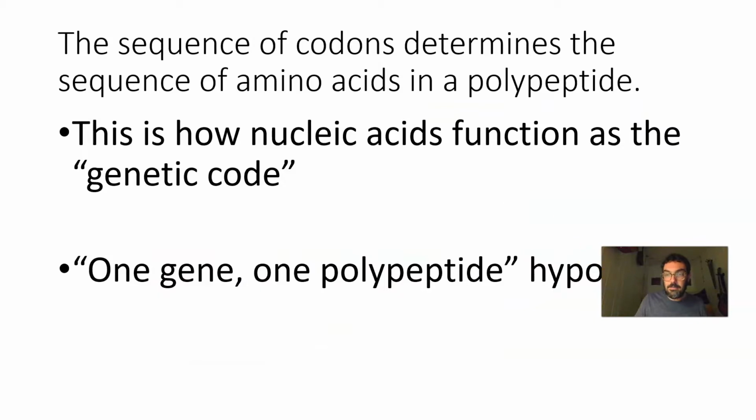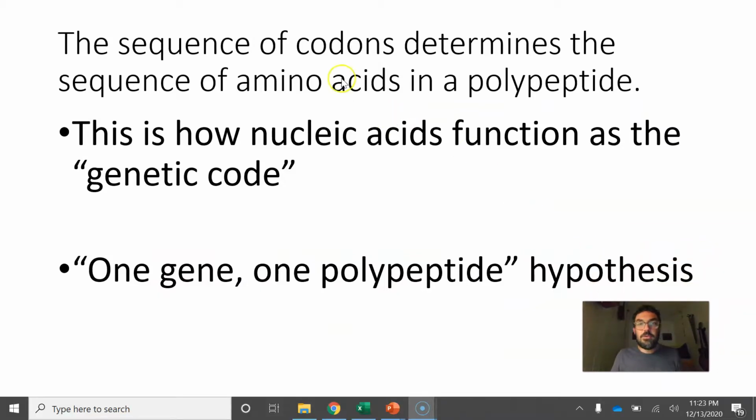To wrap things up, the sequence of codons on the mRNA will determine the sequence of amino acids in the polypeptide, which determines the shape and the function of the protein. This is how nucleic acids function as the genetic code, which gives instructions for the way we look and the way we act and the way we think.